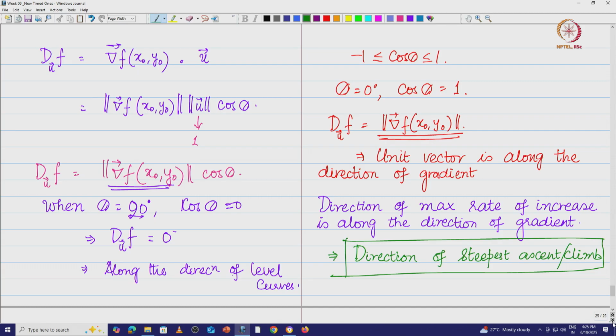And we know that when theta is equal to 180 degrees, cos theta is minus 1. So, what are we going to get? I am going to get the directional derivative of the function f in the direction of u, when the unit vector is at 180 degrees in the opposite direction.